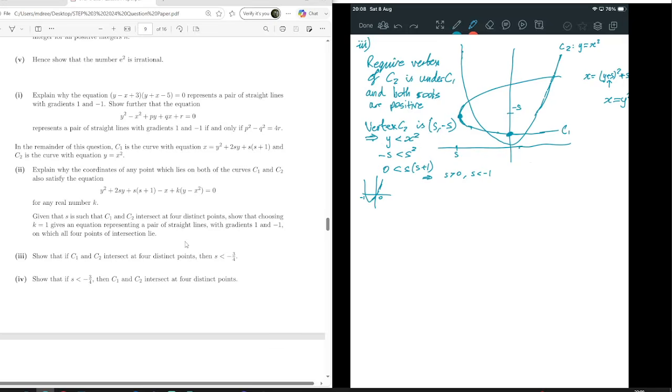I'm worried because part 4 is the reverse. Part 4, we need to show that if s is less than -3/4, then they intersect. And right now, my condition has to be worse than this. So try and do this other condition, both roots are positive, and see where that takes me, and then come back to this condition.